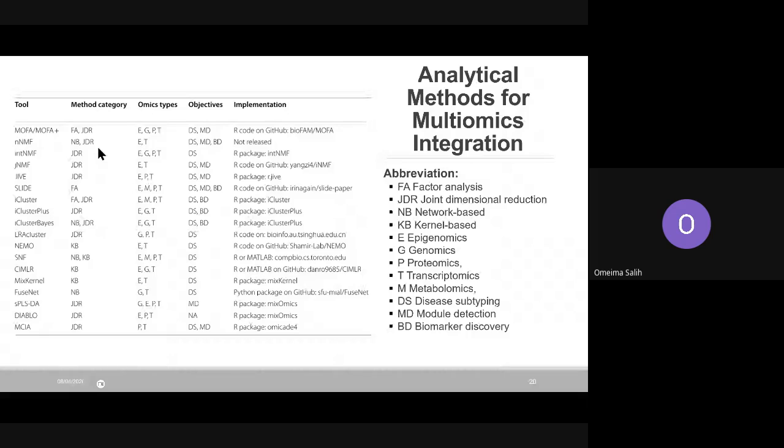Others don't do that. For example, the other one combines only the epigenomic and the transcriptomic. It's not available for genomics. So you can select what type of tool, and it is guided.